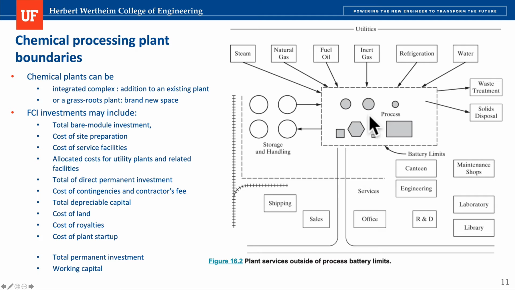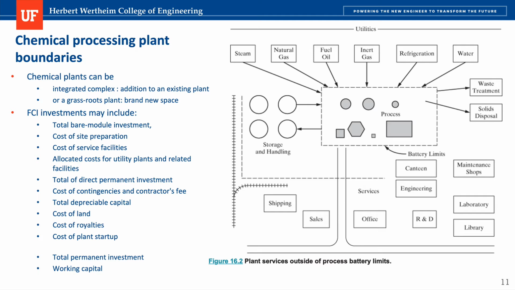You may also have the cost of site preparation, the cost of service facilities, allocated costs for utility plants and related facilities, total of direct permanent investments, cost of contingencies and contractor fees, and we're going to go through all of this throughout this lecture.